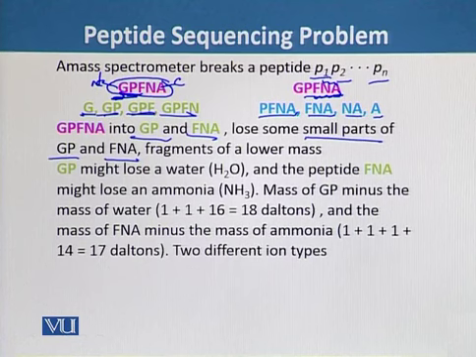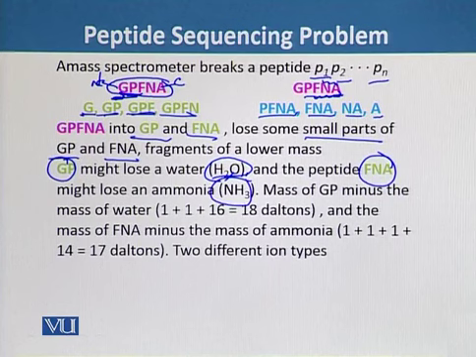For example, the peptide GP may lose a water molecule, and if water is removed, the mass of GP will be reduced. Similarly, the peptide FNA might lose a molecule of ammonia, and again, if ammonia is removed, the peptide mass will be reduced.